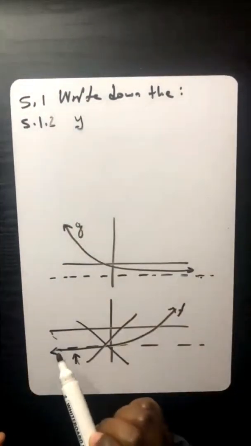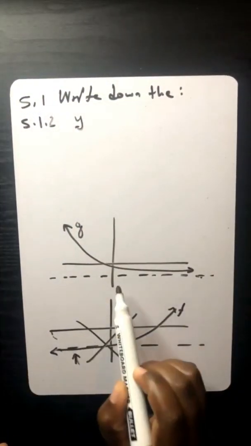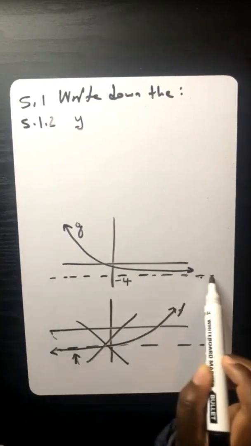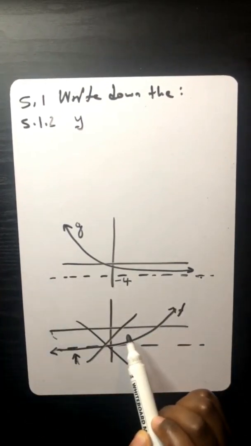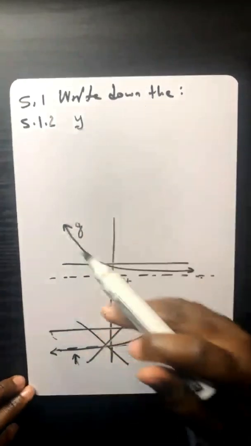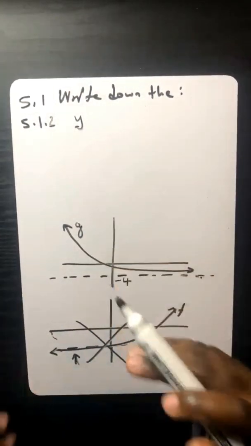So when we talk about the range, we give the Y value. We know this is -4. We know the asymptote tells us more about the range. So is it greater than or is it less than?